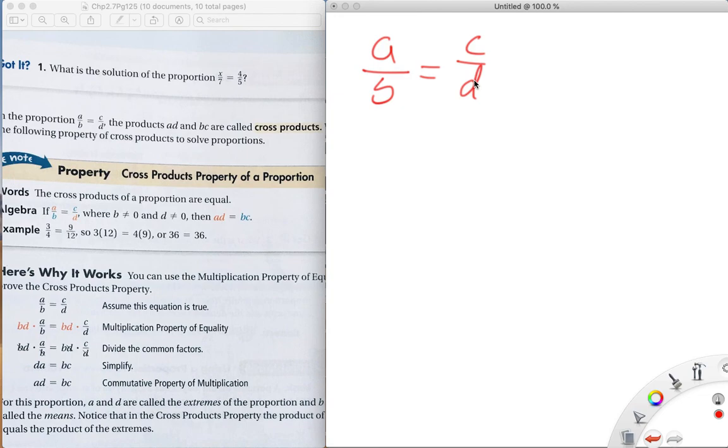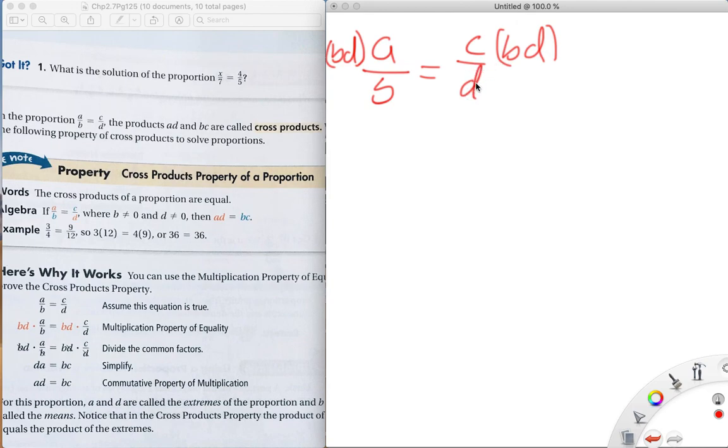Well, in order to get rid of the denominator, I need to multiply by the common denominator. And the common denominator of these two fractions is the product of the two denominators. So I would multiply both sides times BD, because that's the common denominator, and I want it to go away. The denominator, that is.